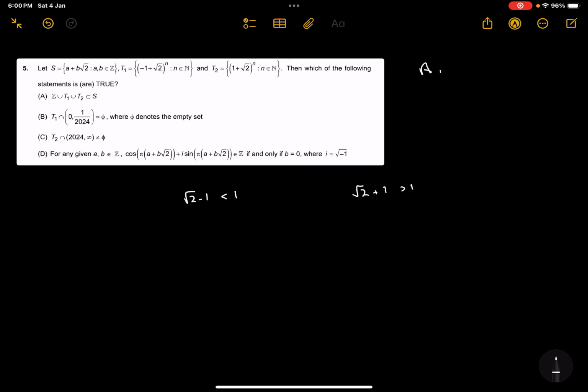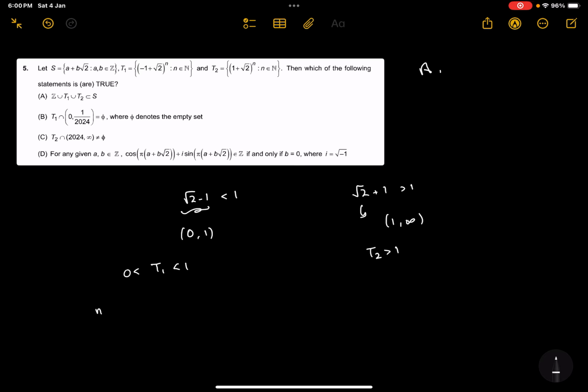So all the powers of this are between 0 and 1, and all of the powers there are greater than 1. So all the terms in T1 are less than 1 and greater than 0. All the terms of T2 are greater than 1.